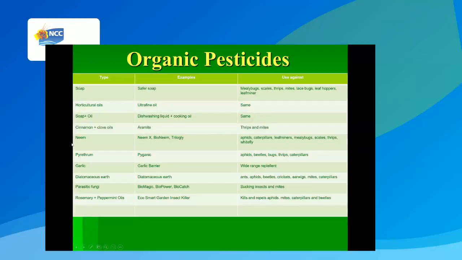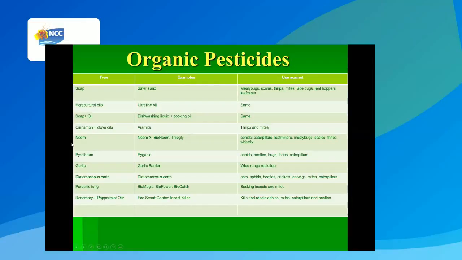Then there's pyrethrum, which is a natural extract from the chrysanthemum flower, organic. And an example, you can purchase it under the name Pyganic. Again, it controls a wide range of pests, including aphids, various species of beetles, plant bugs, thrips, caterpillars, and so forth. Garlic is another example.